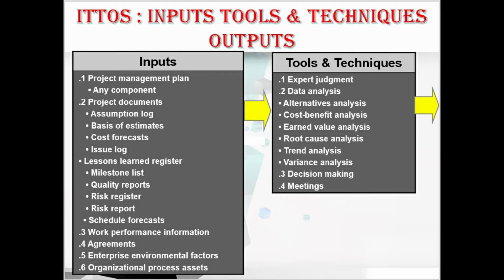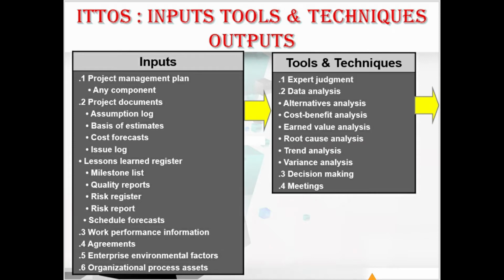Also in inputs we have the work performance information, agreements, EEFs and OPAs, that is enterprise environmental factors and organizational process assets. Coming to the tools and techniques, we have expert judgment, and data analysis techniques, which include alternative analysis, cost benefit analysis, earned value analysis, root cause analysis, trend analysis, and variance analysis. Also in tools and techniques, we have decision making and meetings.